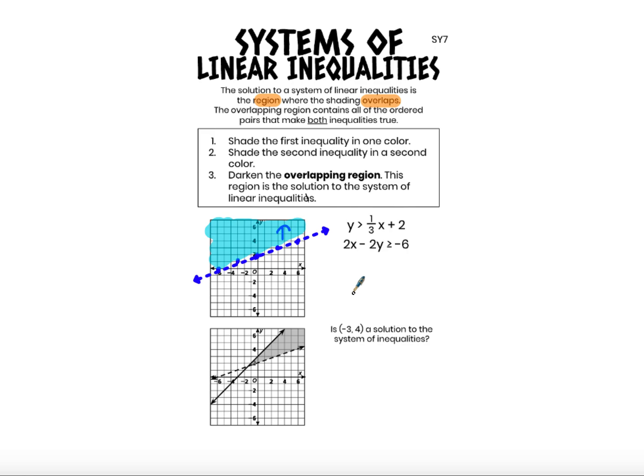Now to graph the system, I need to graph the second inequality. The second inequality is in standard form, so I'm going to graph that using intercepts. To find the x-intercept, I set y equal to 0 and make this an equation. The boundary line, I think about it as an equation. 2x equals -6. Solving this one-step equation gives me the x-coordinate of my x-intercept. So my x-intercept is x equals -3, y equals 0.